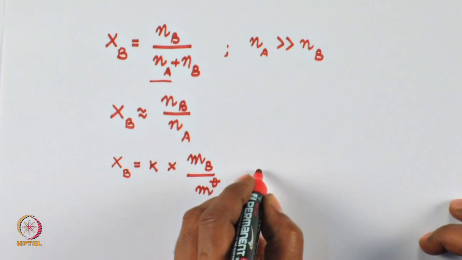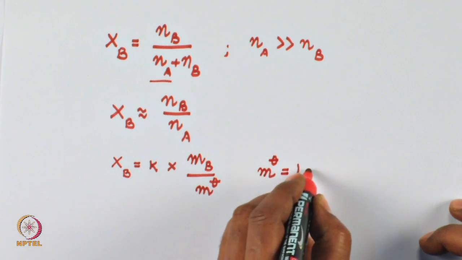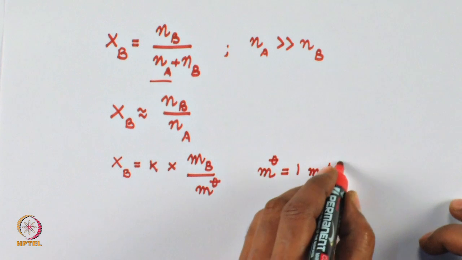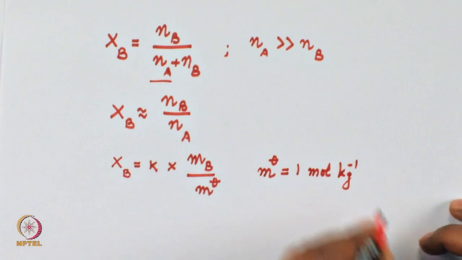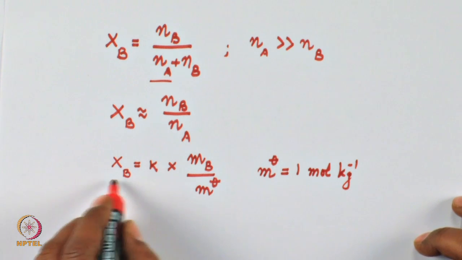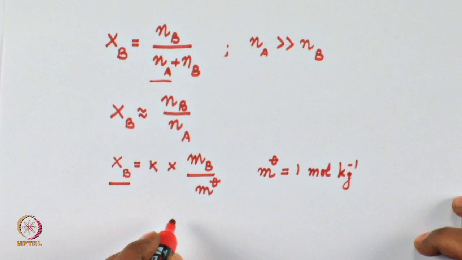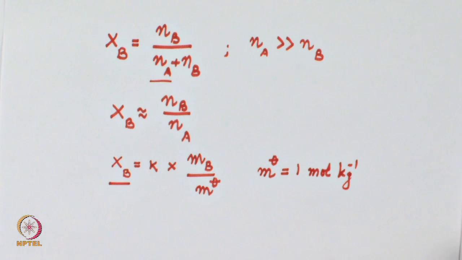Why am I introducing m naught here? m naught is equal to 1 mole per kg. This is introduced to make this overall a dimensionless quantity, because mole fraction is a dimensionless quantity. Therefore, the right hand side also has to be a dimensionless quantity.